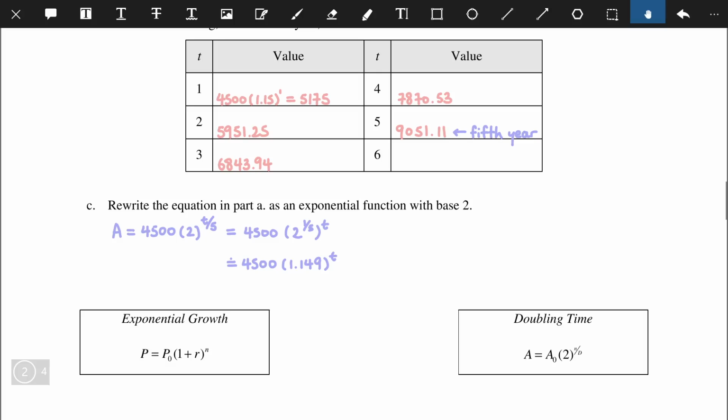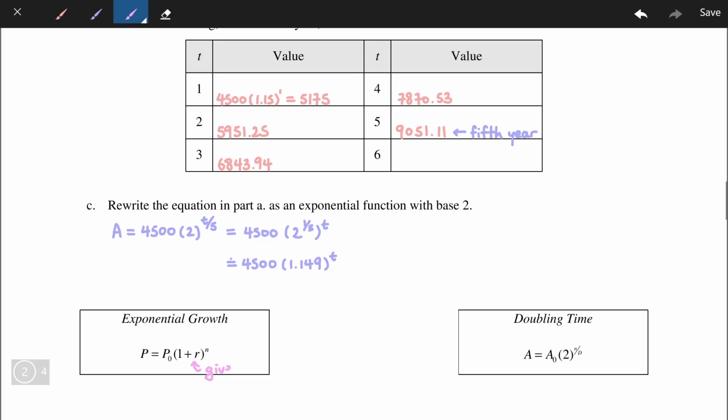So if we are given the rate of growth, R, we can write our exponential growth equation this way. So P, as in the present value, is equal to the initial value P naught times 1 plus R to the n power. For the other questions, if we're given the doubling time instead, then our exponential growth equation will be written this way: A, the amount, is equal to the initial amount and then 2 to the n over d.